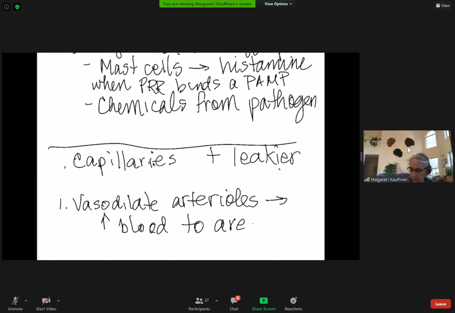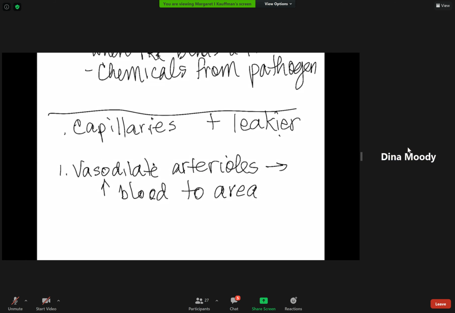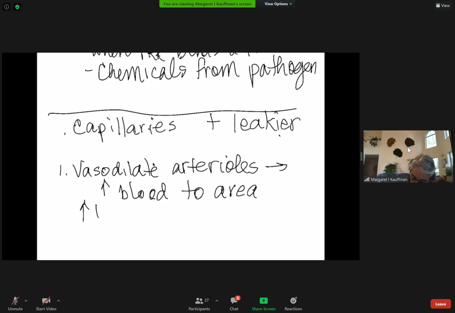So what is in the blood that you want to have arrive there? The white blood cells. Yeah, you want your white blood cells. And you want plasma, because in the plasma, as you'll see if you look at the table, there's a lot of both antimicrobial and healing, and you're also bringing oxygen, you're bringing red blood cells, right?